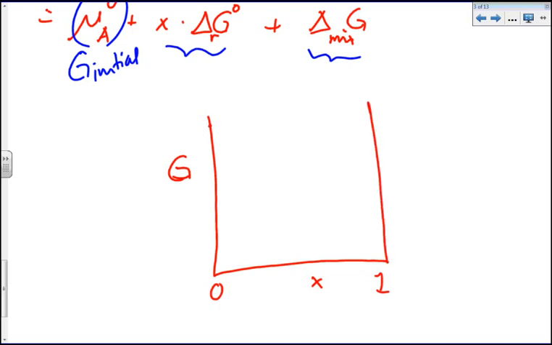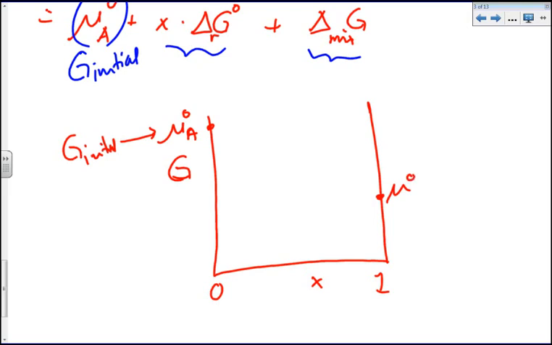So let's say this is mu naught A. So that's going to be our G initial, right? And let's say our mu naught B is lower than A. It doesn't matter. You can do it with higher, and the interpretation will be similar.